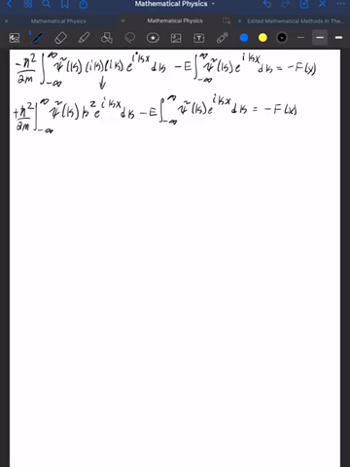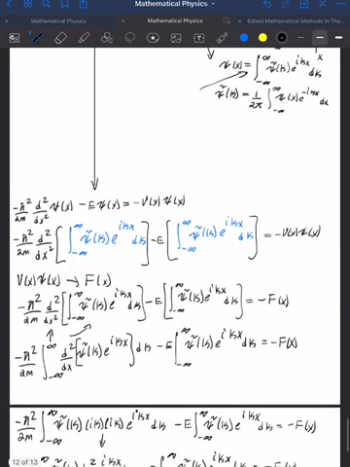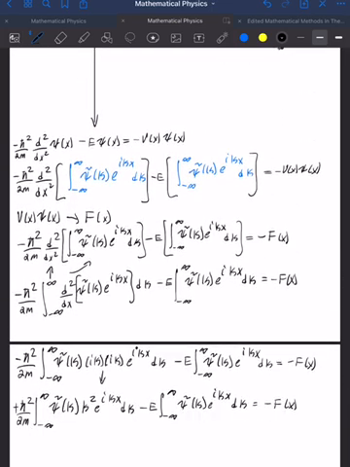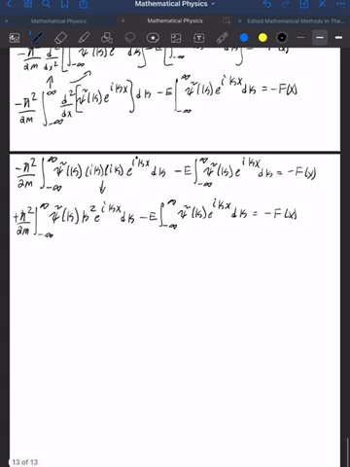Now, at this point, what we're going to do is we also want to let f of x equal its Fourier transform. And you could have easily done this earlier, where we set v of x times psi of x as a function f of x, and then we could have replaced f of x for its Fourier integral. But we didn't, and we can do that now.